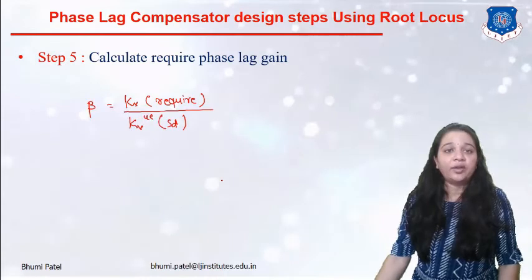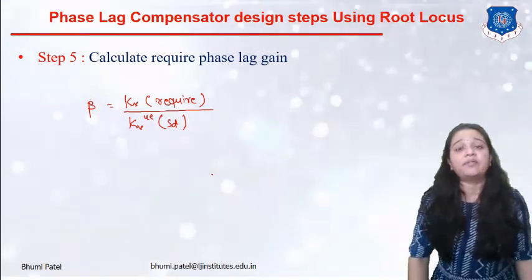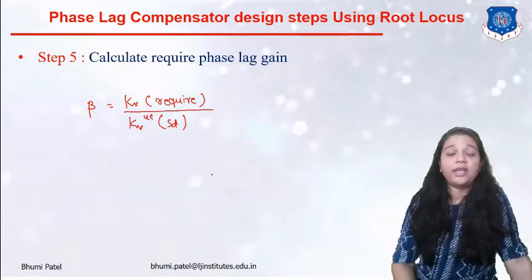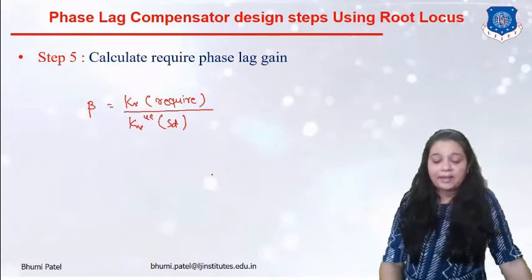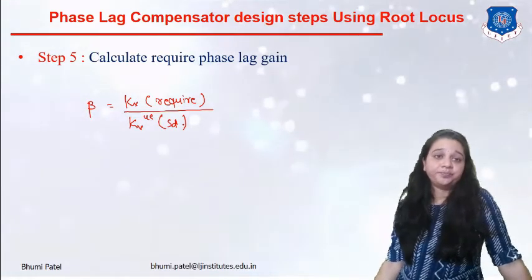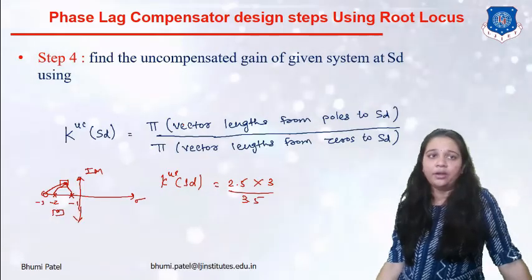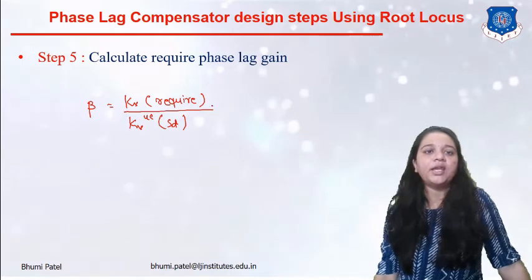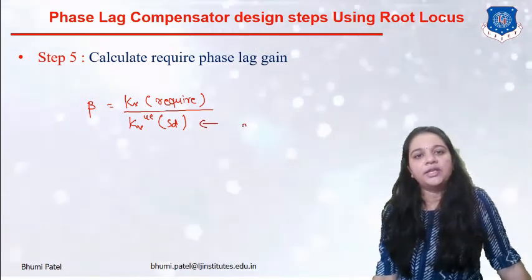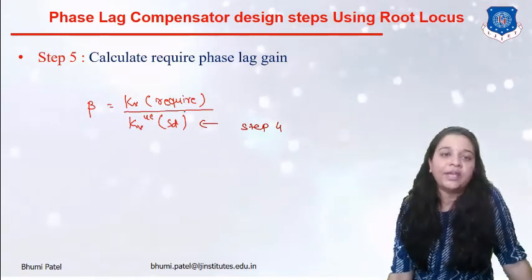Now step number 5, calculate the required phase lag gain, and the equation is beta equals Kv required upon Kv uncompensated at SD. The Kv uncompensated at SD you have to find in step number 4, so put the value of Kv UC SD from step number 4. Now how do we find the value of Kv required?